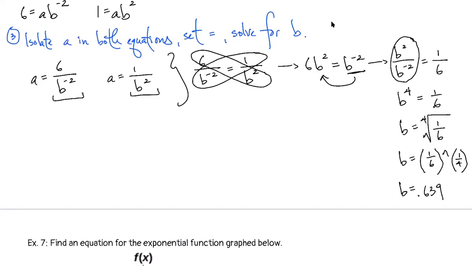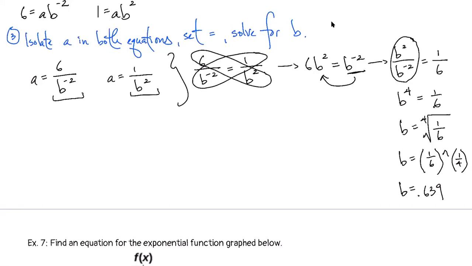Okay, good questions. First one, how do we know when to cross multiply? Usually when I see a fraction equal a fraction, I'm like, yes, cross multiply. Okay, so if you see a fraction equal a fraction, that's a good time to cross multiply.